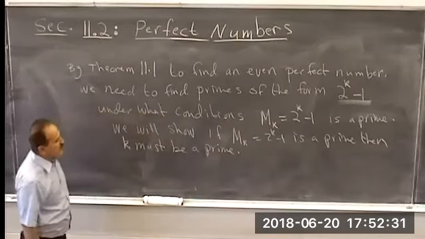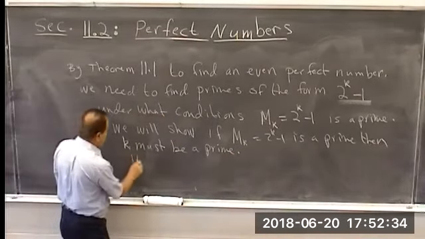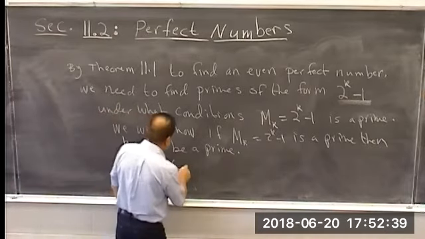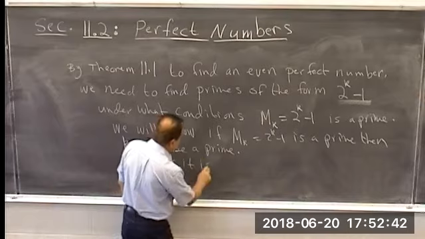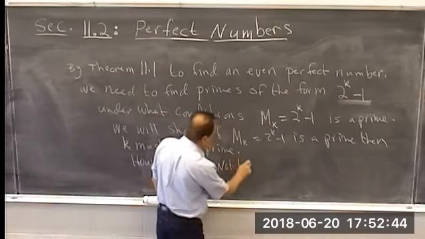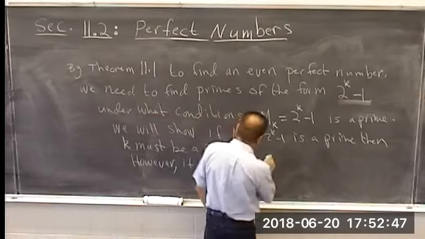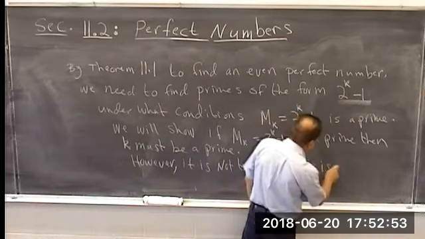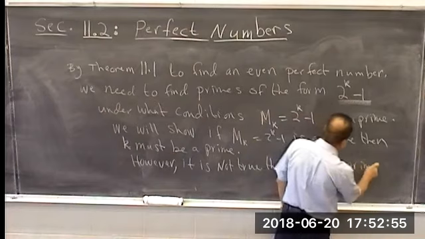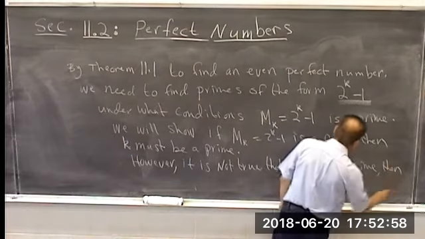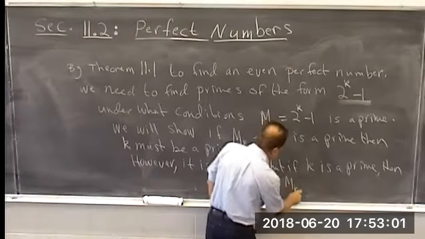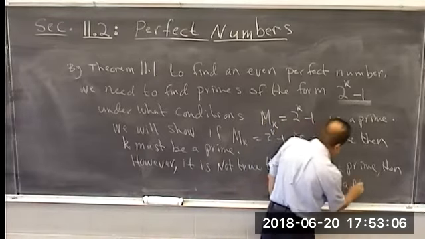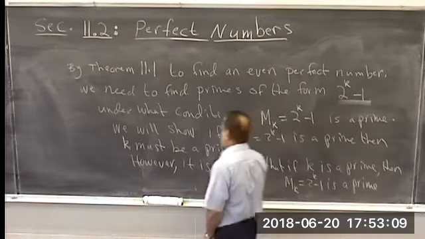However, the converse of this, unfortunately, is not true. It is not true that if k is a prime, then M sub k, 2 to the k minus 1, is a prime as well. So this part is not true.